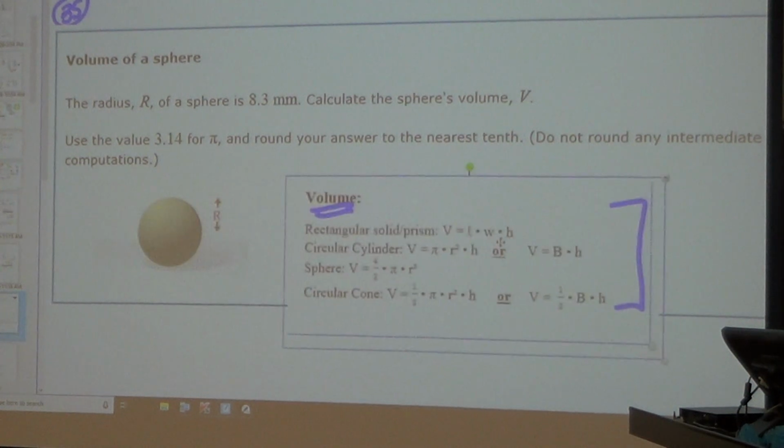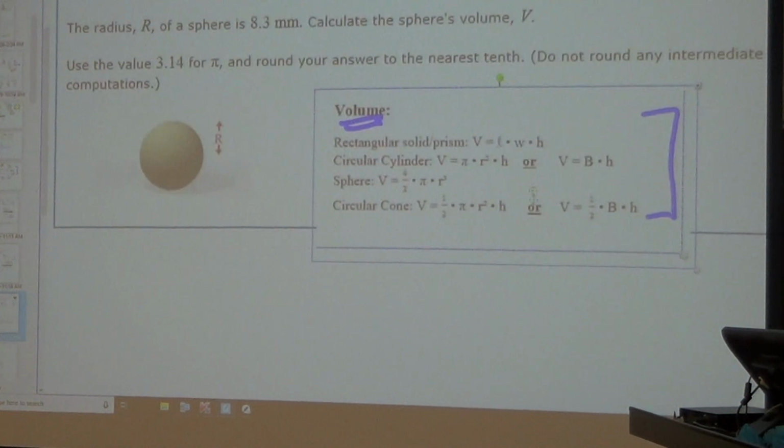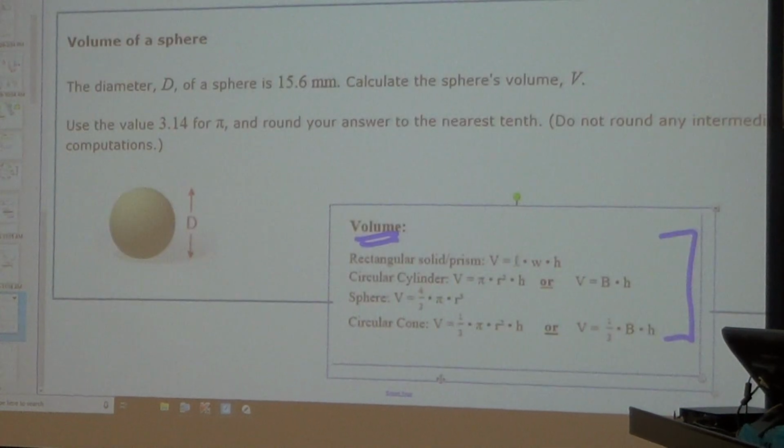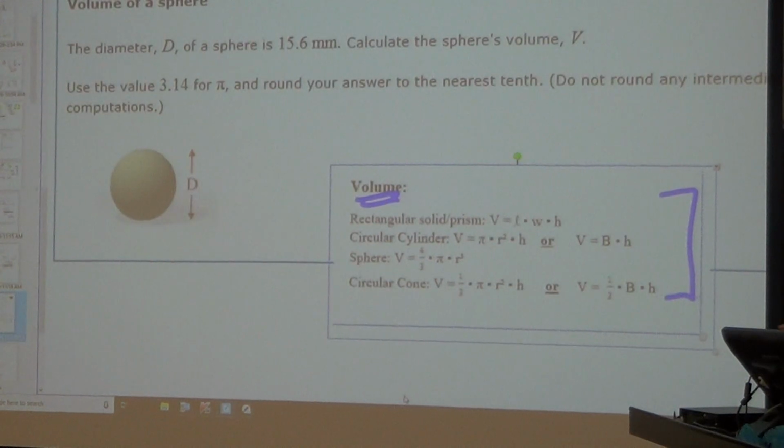Okay, paste. What shape is this one? Sphere. That one is a sphere, a ball, hemisphere. So its volume equals 4/3 times pi times r to the third. So 4/3 times 3.14 times, what is my radius?